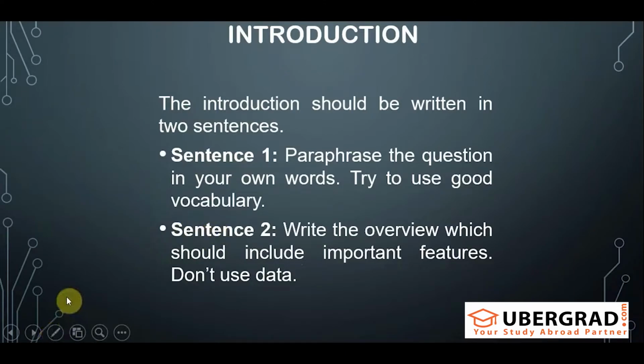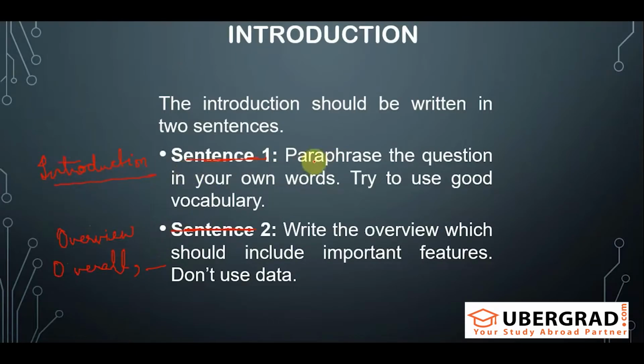Let me write this over here. This is not the sentence. This is the overview. It should always start with overall, comma, and you can continue with this. This is your introduction. Got it?